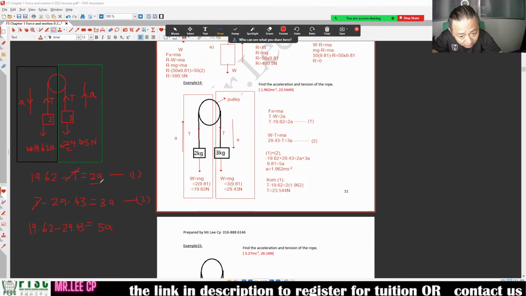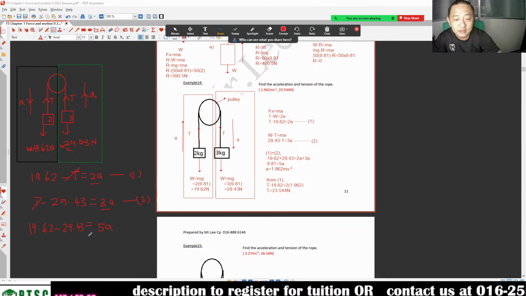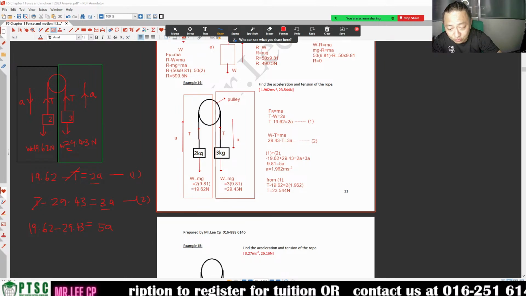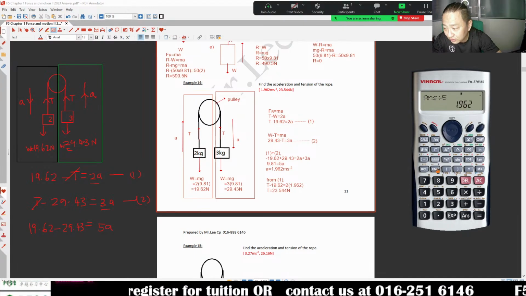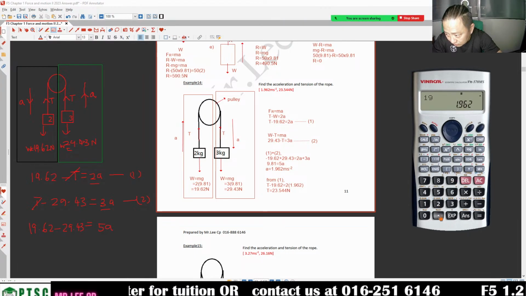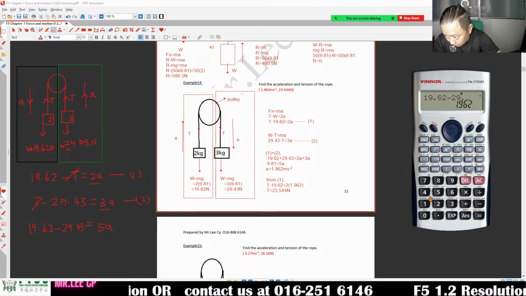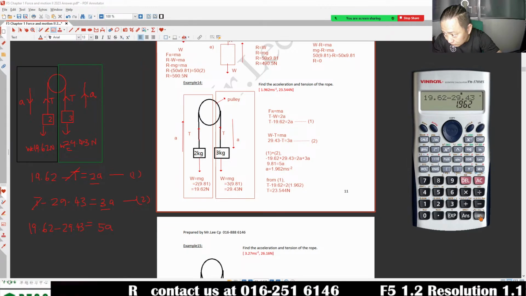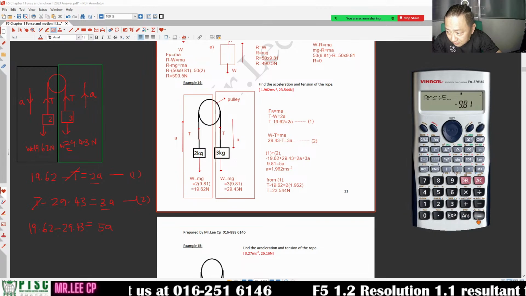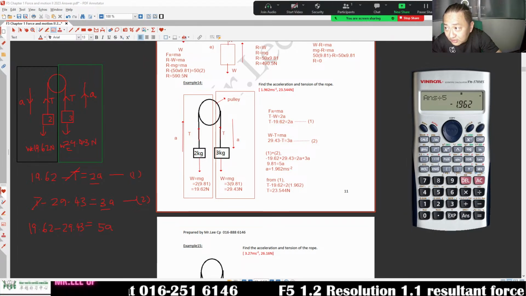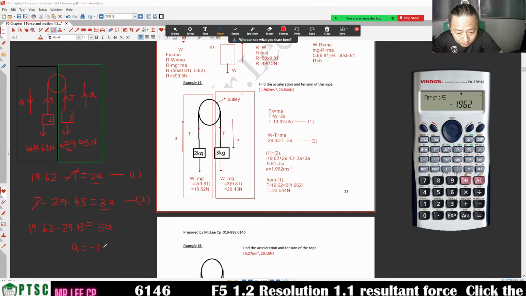You add them together: 2A plus 3A is 5A. 19.62 minus 29.43 is negative 9.81, and then I divide it by 5. I'll get negative 1.962. A is equal to negative 1.962.